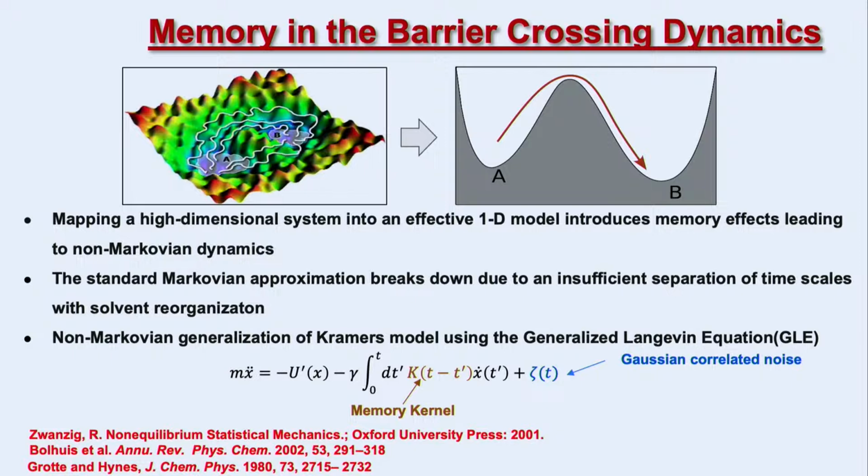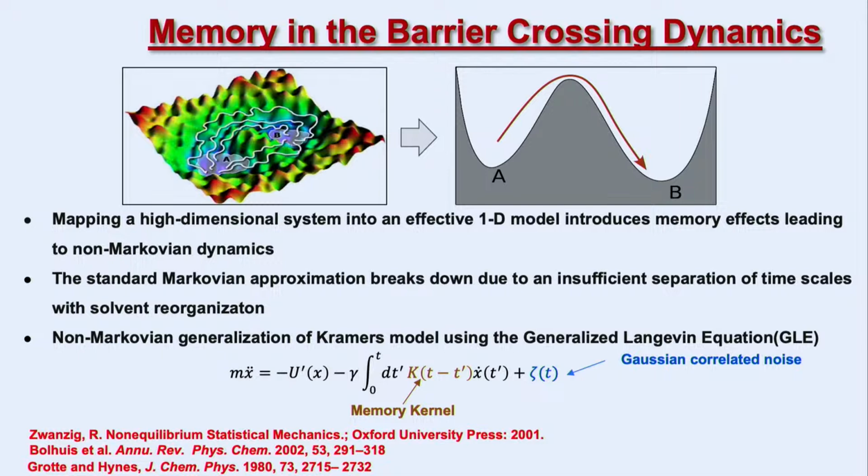Hynes and co-workers have used this, where the frequency dependent memory friction coefficient captured the memory effects, and their results were validated by Hänggi and co-workers using the flux over population method, and later many simulation studies were done.